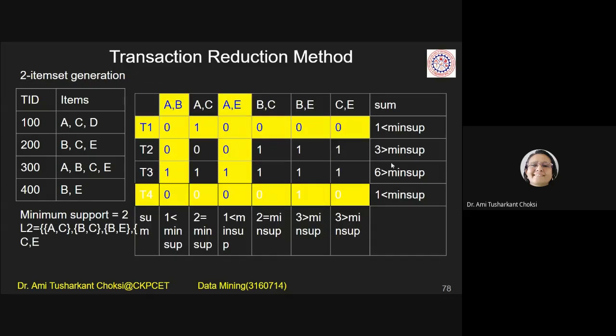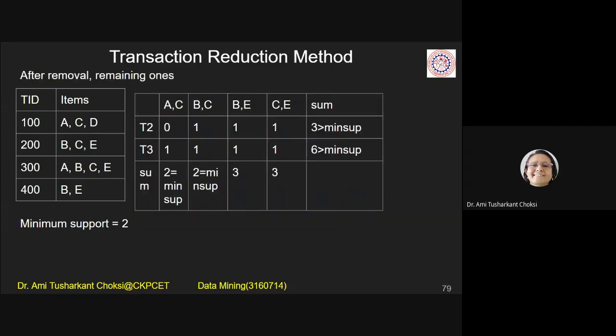And whatever we got from here, that only is represented, right? So after removal, whatever table we are able to see, that only I'm representing. Okay. Not generating the next level item set in this one. To the next level, we can do that. Remaining ones, we can see summarized, right?